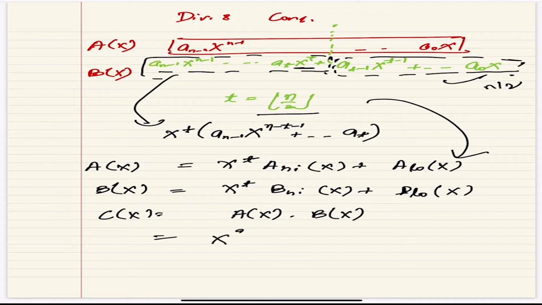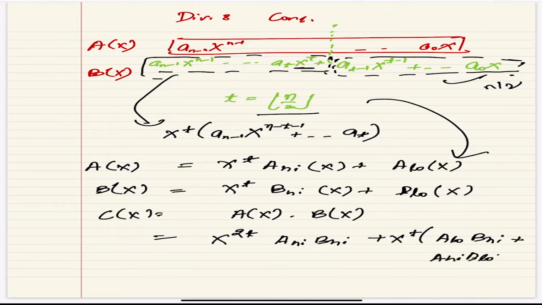So I have x to the power 2t, a_hi b_hi, plus x to the power t, a_lo b_hi plus a_hi b_lo, and a_lo b_lo. Okay, these are the things Cx will have. Fine. Okay.